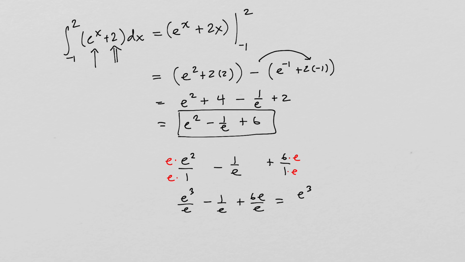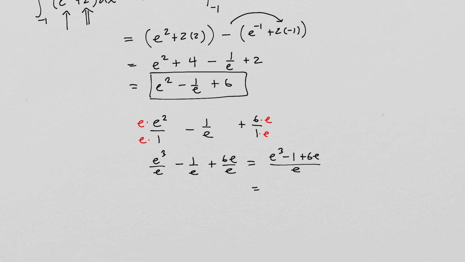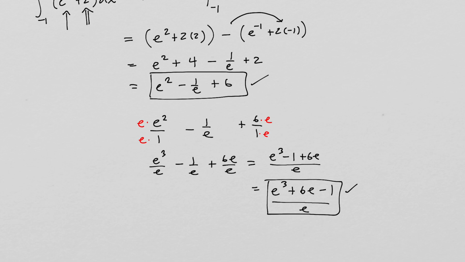And this is e cubed minus 1 plus 6e all over e. And honestly, they would probably rearrange these terms like so. So this is another way to give the same answer. But again, both of these answers are fine.